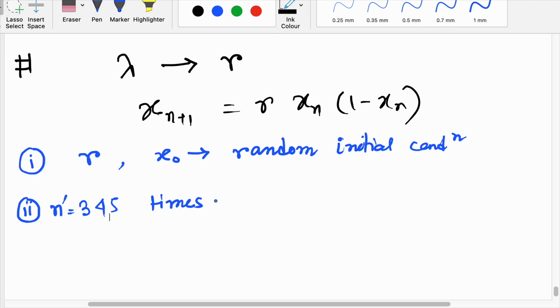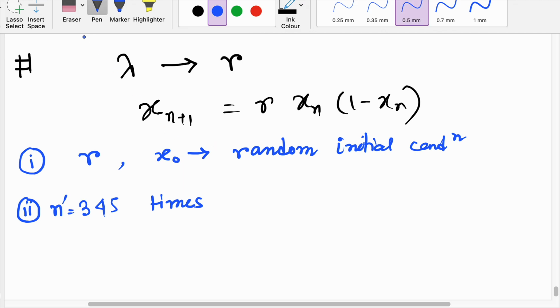That means letting the initial condition get closer to the fixed point, or the attractor. Otherwise, if there is a stable attractor but you are not giving it enough time to get past the transient behavior, you will see lambda greater than 0, but it is actually not lambda greater than 0, it is transient behavior.